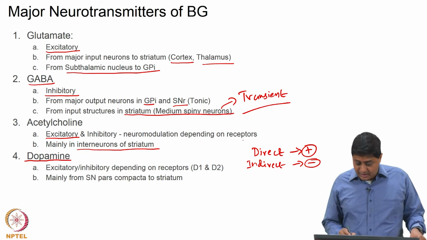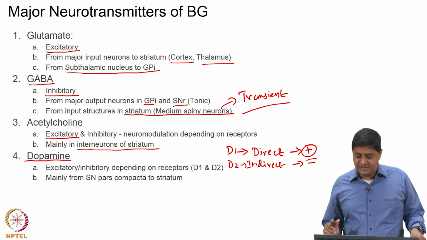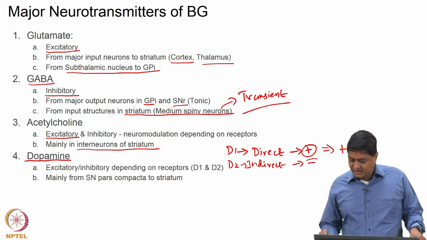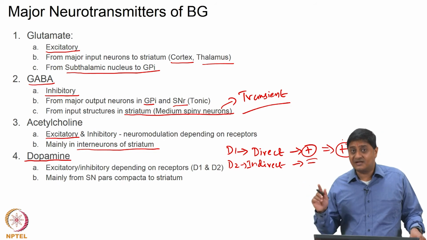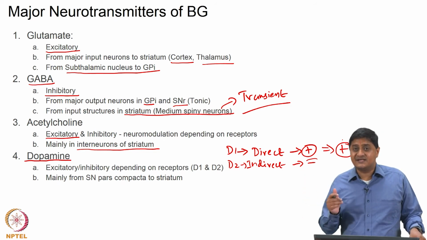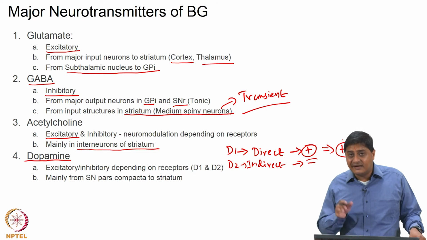Through the D1 receptors in the medium spiny neurons, this results in the excitation of the output structures. At the thalamocortical level, there is an increased excitation whenever dopamine is released due to the direct pathway, but not just that, dopamine also inhibits the indirect pathway, which by nature is already inhibitory.